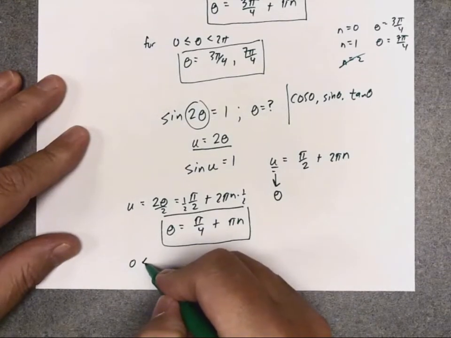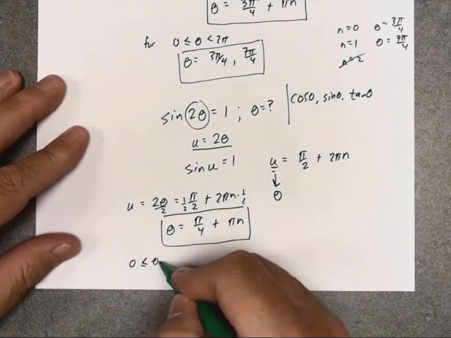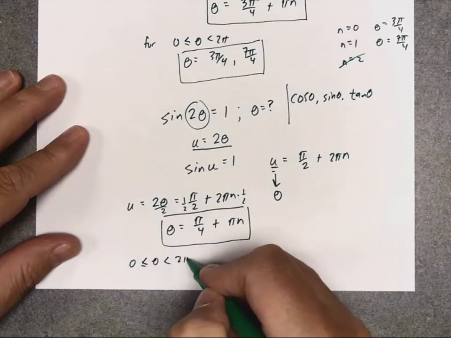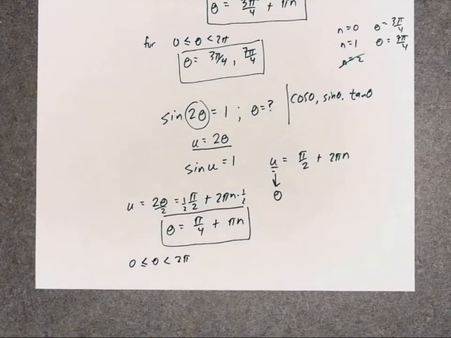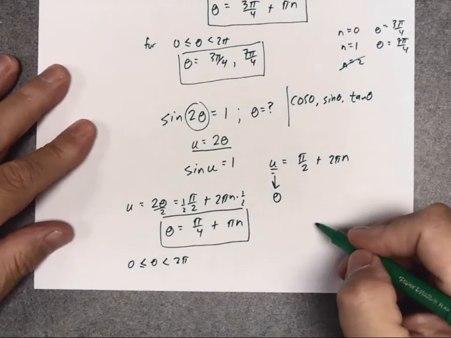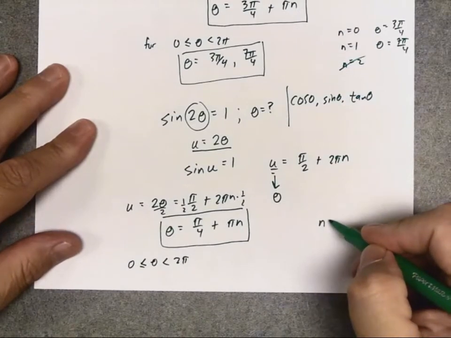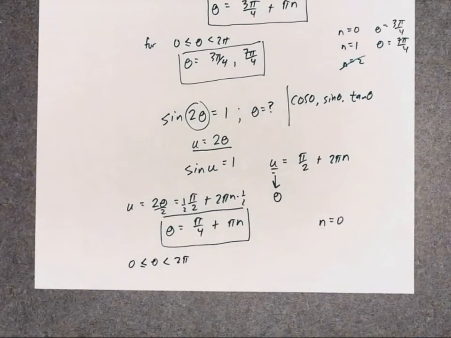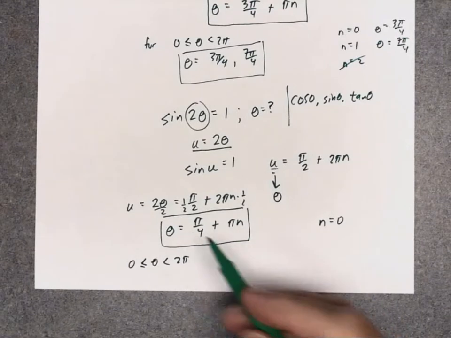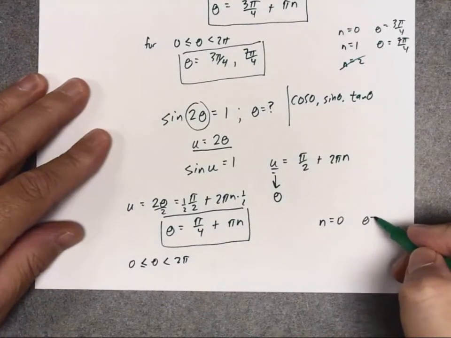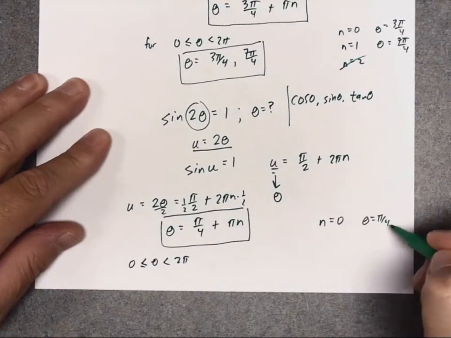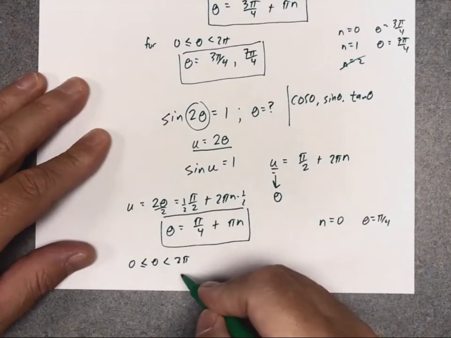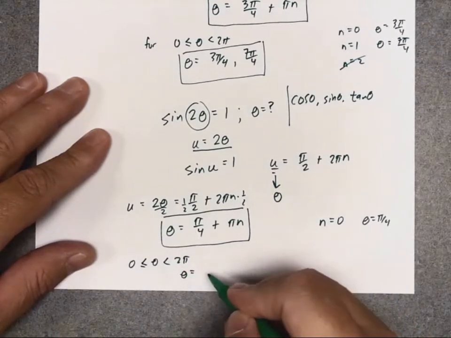Now if I want to go between 0 and 2 pi, once again, I'm going to go off to the side and start counting up my n's. When n is 0, theta is pi over 4, and that's definitely within my range.